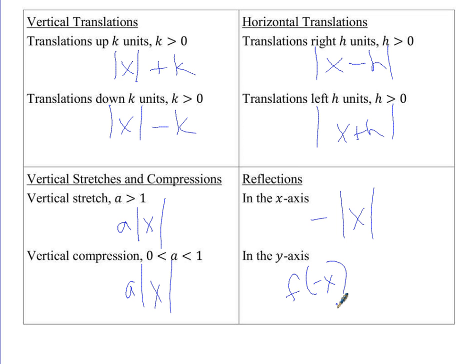So if I'm just using the absolute value of x and I want to reflect it in the y-axis, I would write the absolute value of negative x, which actually wouldn't make any difference because I haven't taken the absolute value of it yet. But if I make this a huge function with all kinds of transformations going on, then that negative x inside will reflect it in the y-axis.